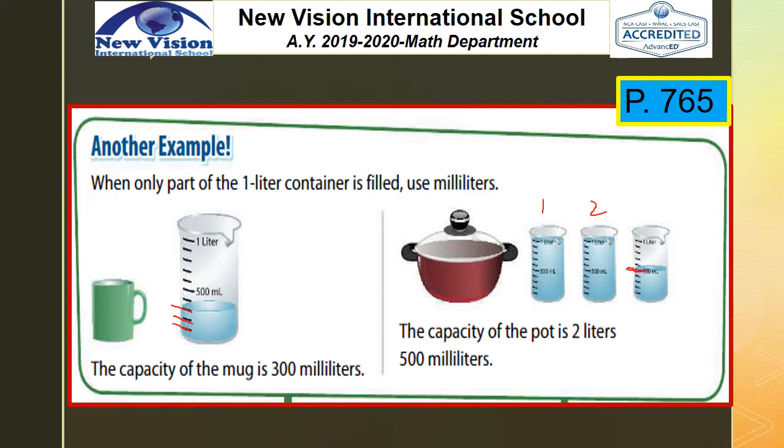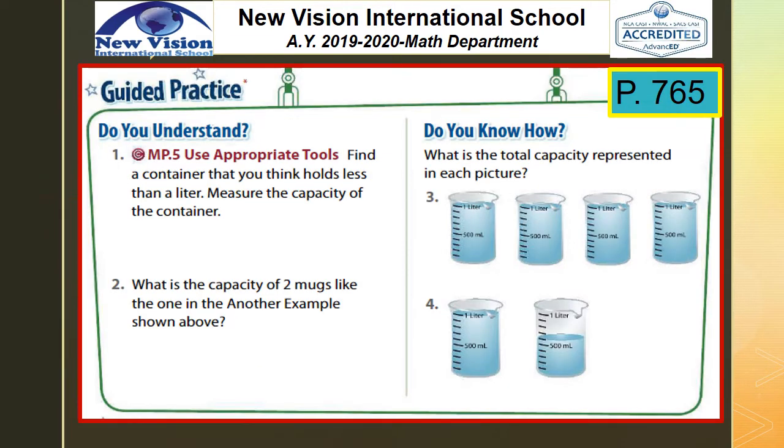As you can see, the liquid is just until the 500 mark of the beaker. So you have 1 liter, 2 liters, and 500 milliliters. Hence, the capacity of the pot is 2 liters, 500 milliliters. Did you get that? Very good. It's very easy, grade 3.